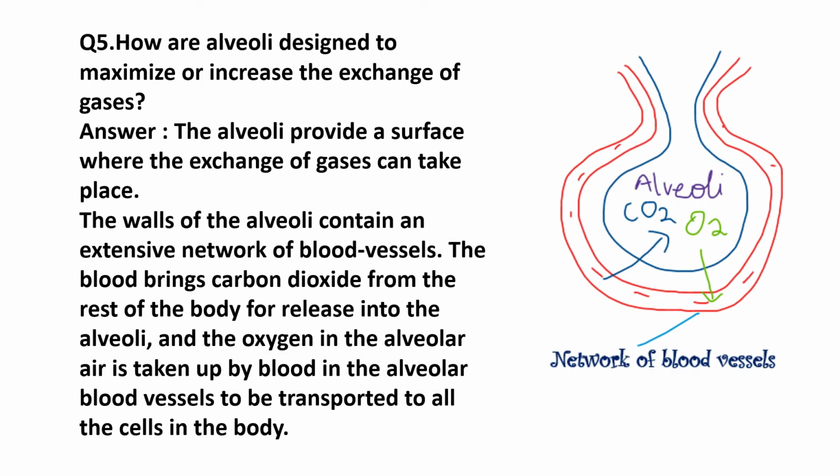How are alveoli designed to maximize the exchange of gases? The alveoli provide a surface where exchange of gases takes place. If you look at the picture, the walls of alveoli contain an extensive network of blood vessels, the red part. The blood brings carbon dioxide from all parts of the body and releases it into the alveoli. The oxygen from the alveolar air is taken up by the blood and transported to all parts of the body. So please learn this answer.